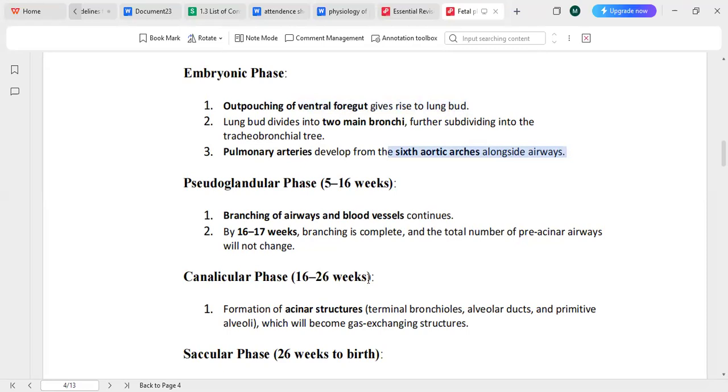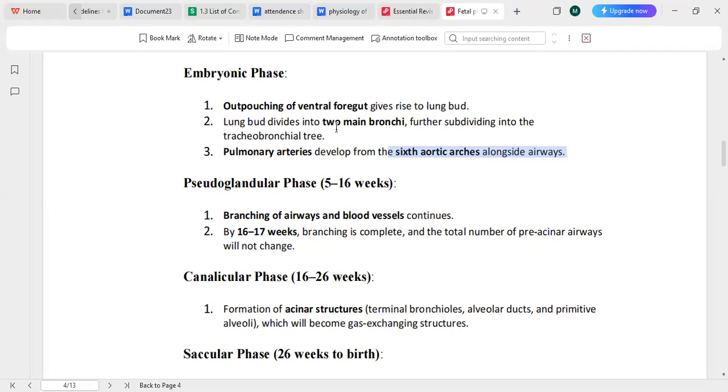If we follow with maximum interest, this is like a story. There was a bud, we call it the lung bud. Where is it coming from? The ventral foregut. And then this lung bud divides into two because we know in an adult we have two lungs. So definitely one bud is giving two lungs. But there is a procedure.